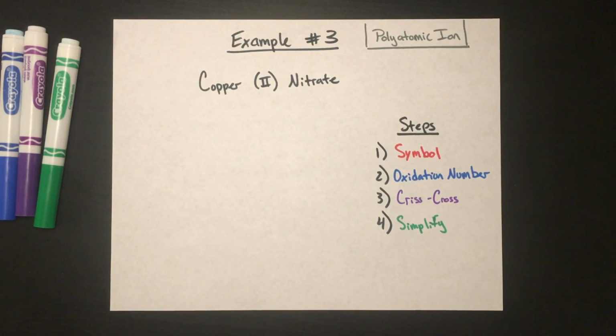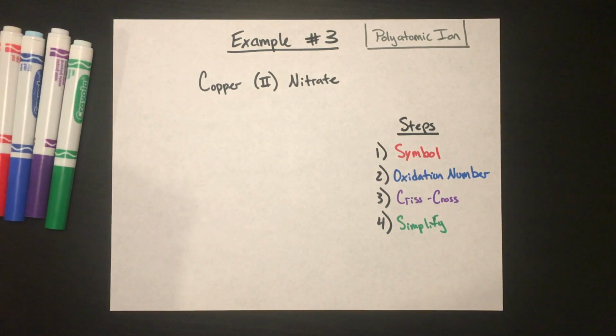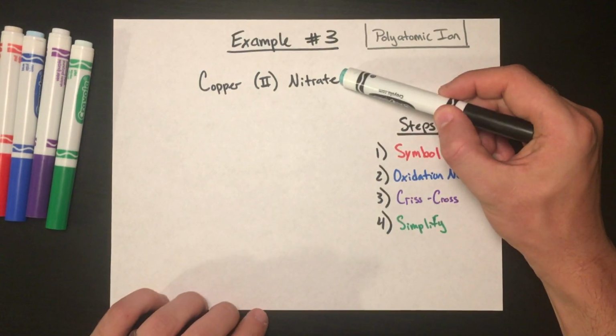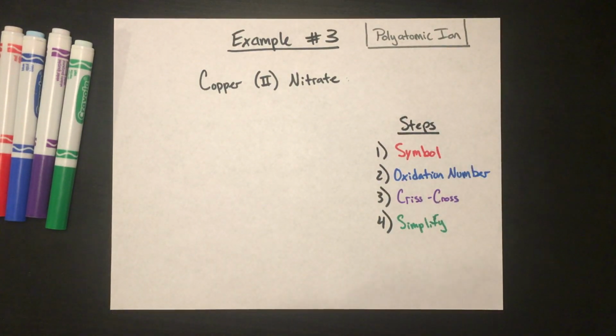For our next example, let's look at something that has a polyatomic ion in it. All a polyatomic ion is, is an ion that has multiple atoms. For example, this one, copper(II) nitrate, the nitrate is our polyatomic ion. So when we write our symbols, we need to make sure we're writing the right one.